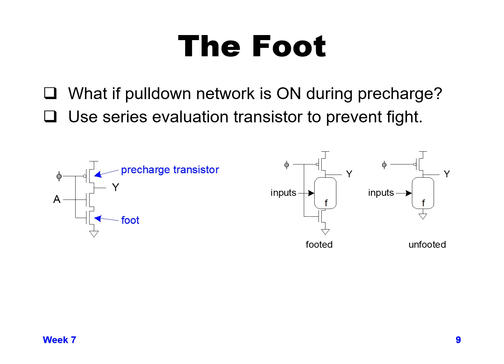So we use a series evaluation transistor called the foot to prevent any contention if we don't know that all of our inputs are going to be low during pre-charge. You can see that shown on the left-hand side if we had an inverting value.